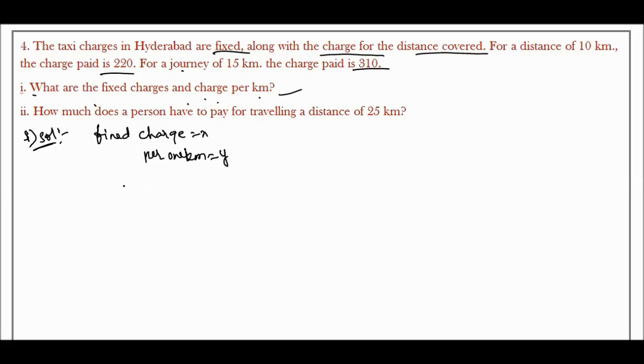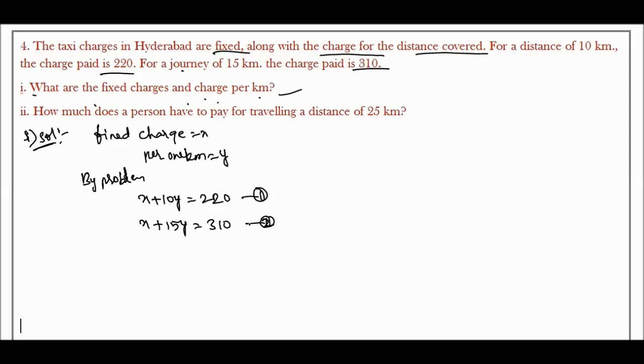By the problem, he's saying that the charges are fixed, like a fixed rate. For 10 kilometers, how much? x plus 10y is equal to 220. So it is the first equation. The second equation: the charge is x, and for 15 kilometers, 15y, is equal to how much? 310 rupees.